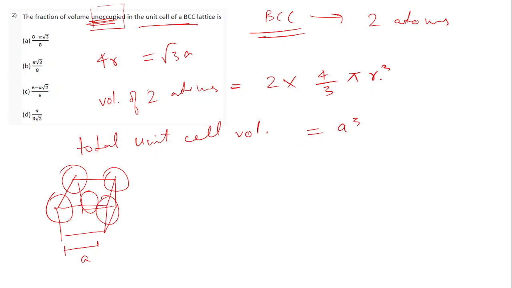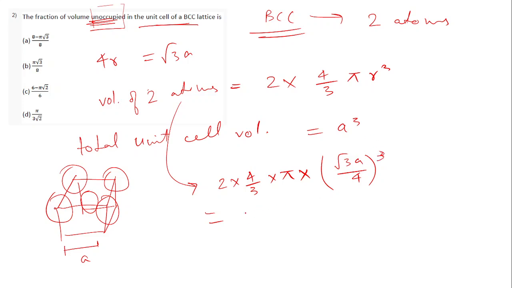Now let's calculate this further by keeping the value of the relation between R and A. So this further, I'll do 2 times 4 by 3 pi, and R in terms of A, R will be root 3a by 4, whole cube.